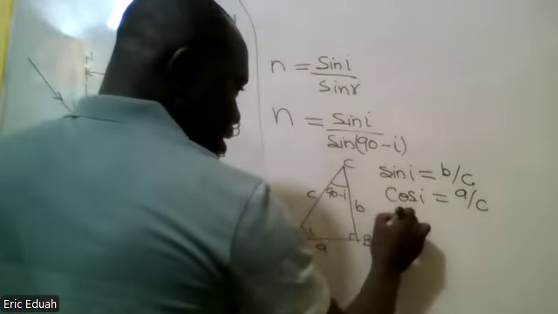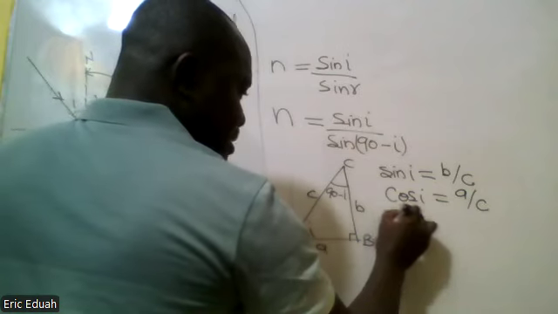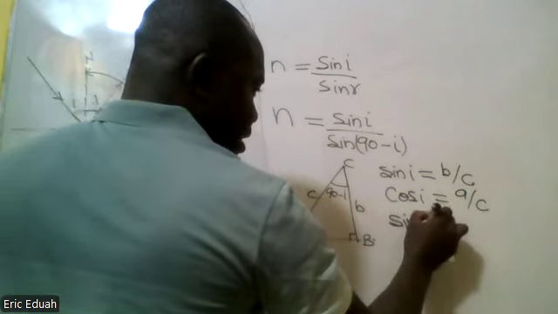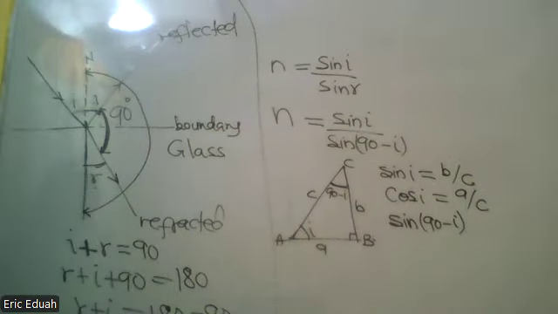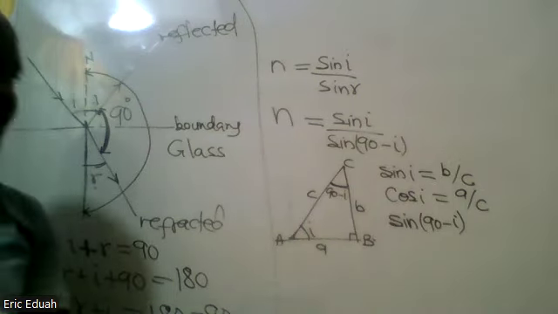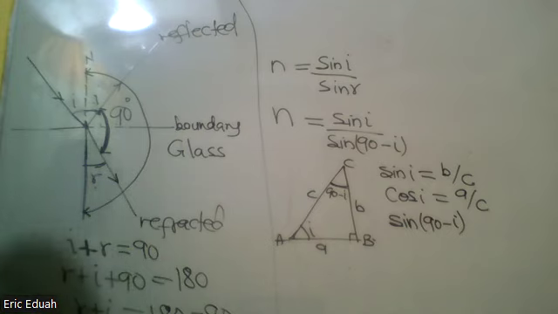Let's also find sine of 90 minus I, the other angle. What is sine of 90 minus I?